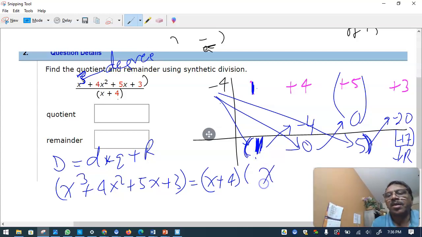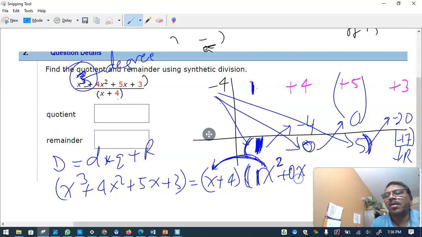So what is written down on top here is 2, because if this is 3, the quotient will have a degree of 2, because eventually when you multiply these two things, it should give you that x cubed. That's the reason. So you write x squared, and this one is 1x squared. Then there is a 0, so it is like plus 0x. And the last number is by itself, so plus 5.